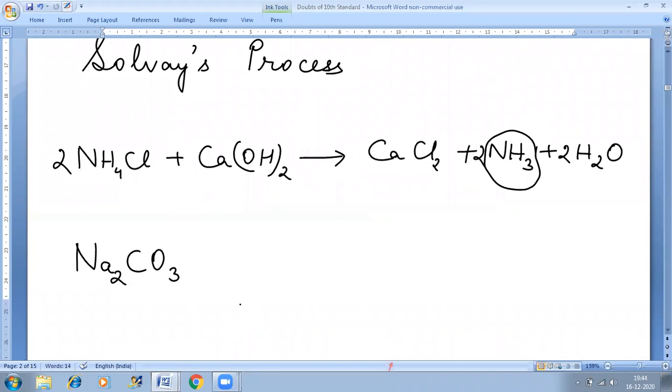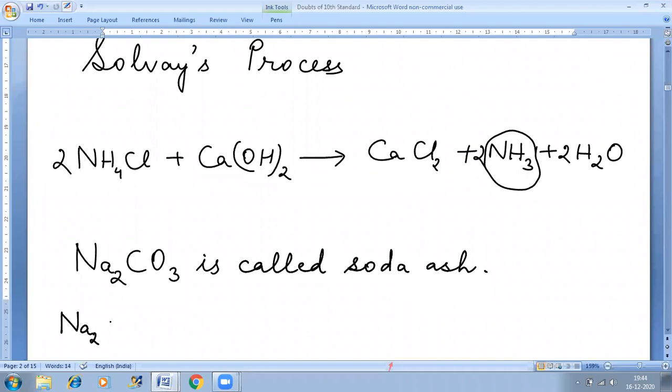So if I just write Na2CO3, this is called soda ash. But Na2CO3.10H2O is called washing soda.